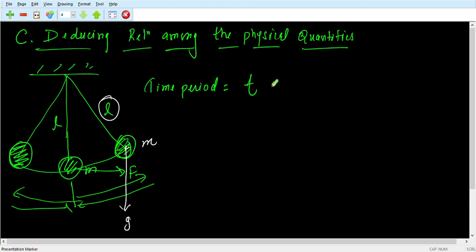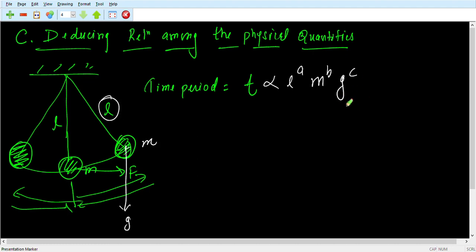So let us suppose the time period depends upon length, and we actually don't know how it is related, so I want to write some power over length. Let us suppose L to the power a, M to the power b and g to the power c.